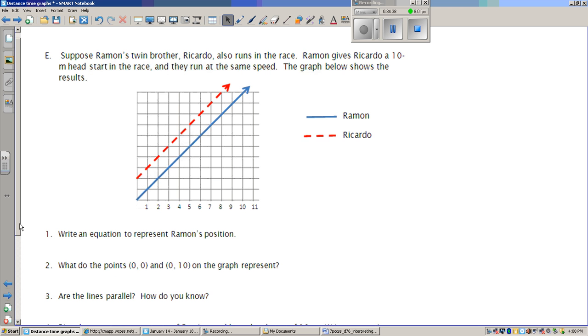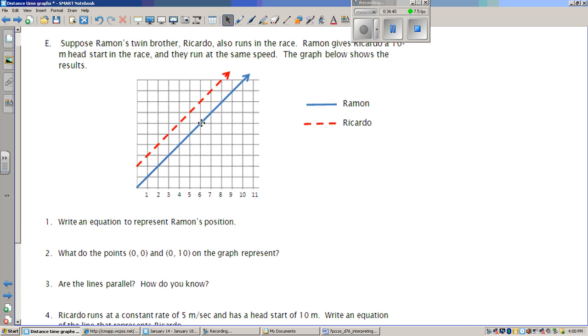So first, let's write an equation to represent Ramon's position. We're looking at the blue line. Let's start with y equals. Our slope comes next, but we don't have our y-axis labeled. So let's go back and label this. We were relating time in seconds, and distance in meters.